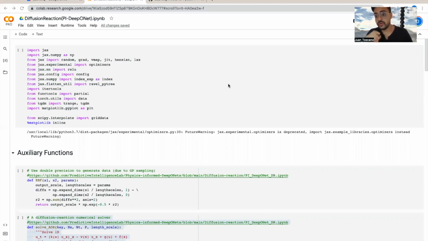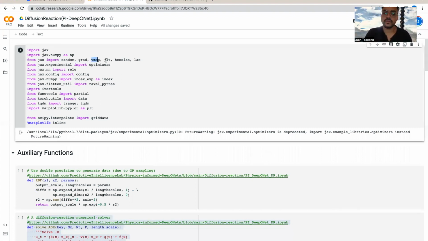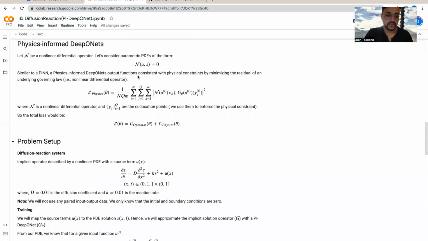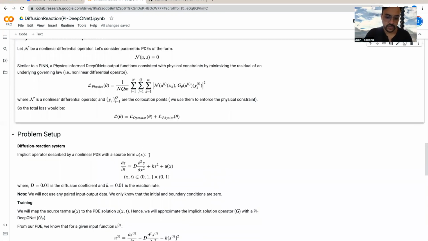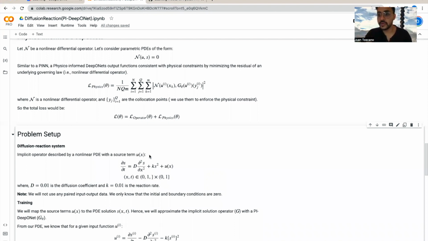In this tutorial, we will use JAX for our machine learning tasks. Here the JAX vmap tool comes really handy to generate our input functions for our PDE. Remember that this partial differential equation is parameterized by the source term u of x, which means that we need to generate a lot of functions u of x to train our model.